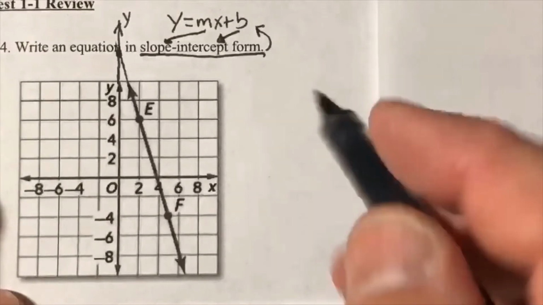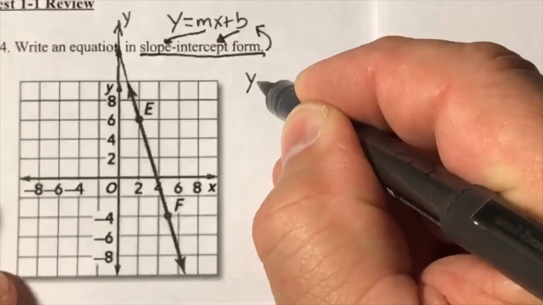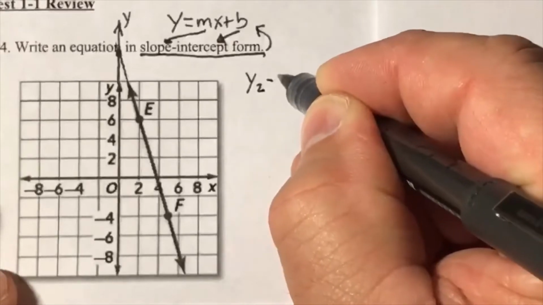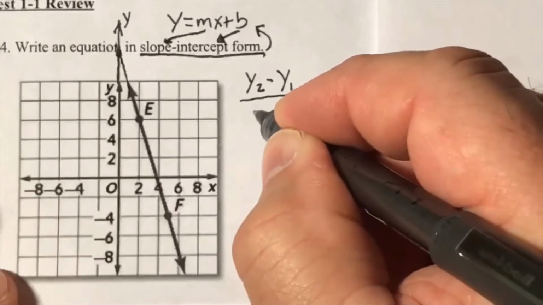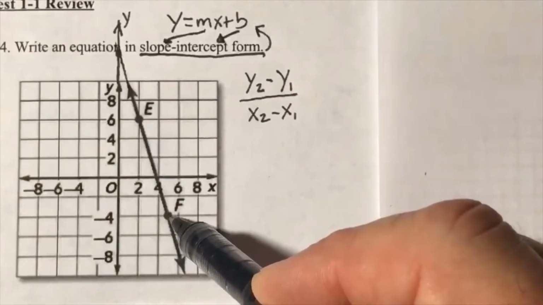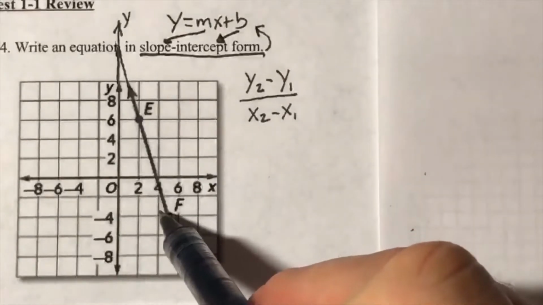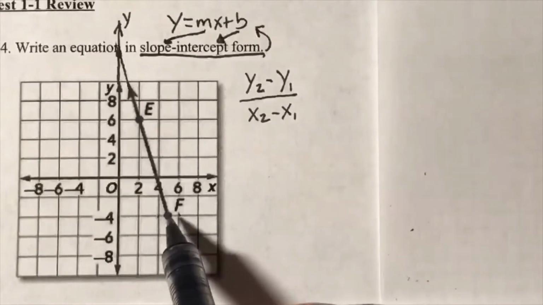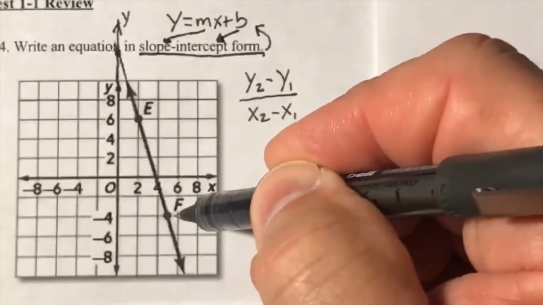Remember the slope. It's right in between these two. So let's just do the rise, which should be easy to do.